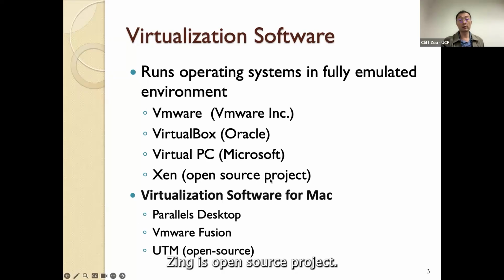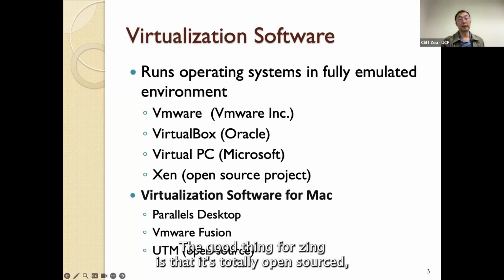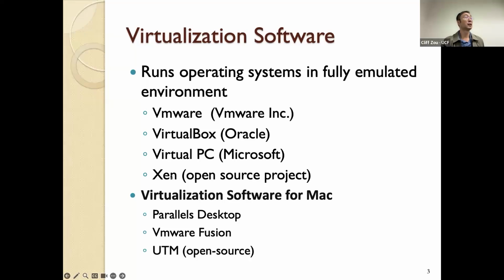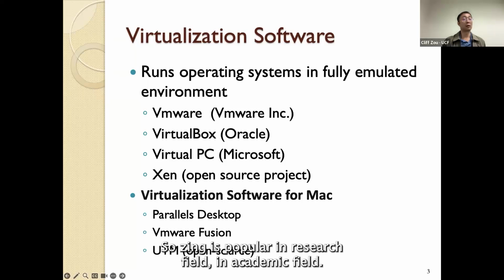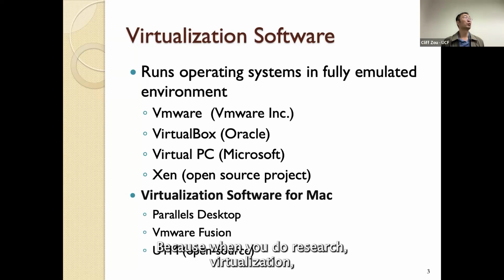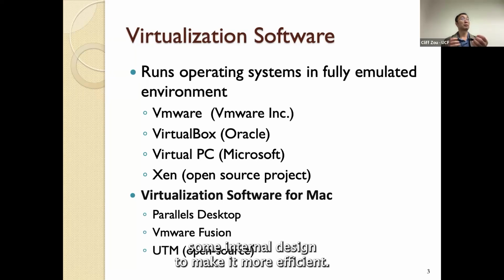Zing is open source project. The good thing for Zing is that it's totally open sourced, so you can modify it freely by yourself. So Zing is popular in research field, in academic field, because when you do research on virtualization, you want to add some function, you want to change some internal design to make it more efficient.